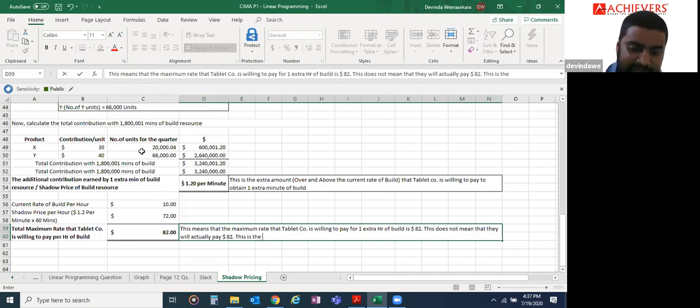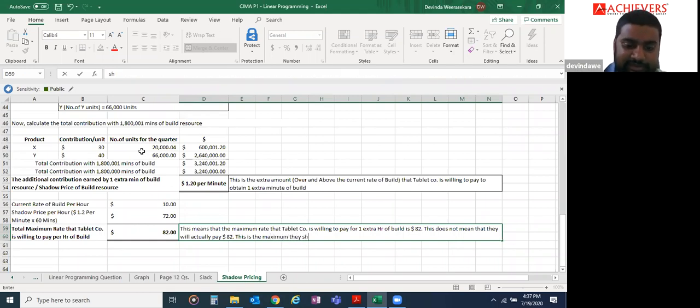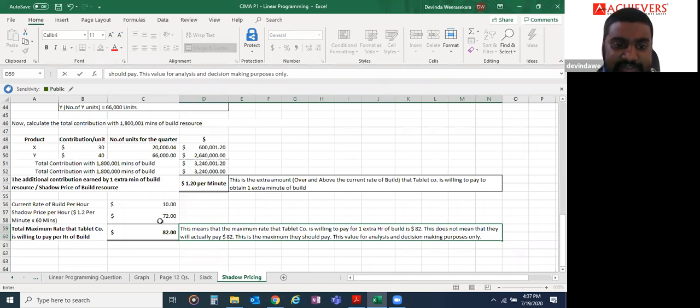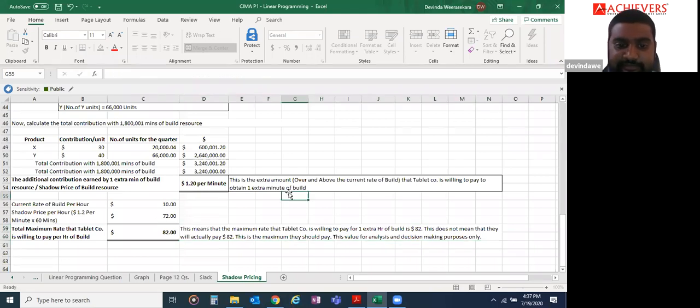This is the maximum they should pay. This value is for analysis and decision making purposes only. This rate of 82, or the rate of 72, doesn't actually exist. It's just for analytics and decision making purposes only. Clear?